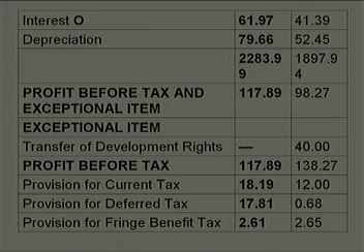For example, in this particular example you can see that last year the transfer of development rights was equivalent to 40 lakhs, whereas this year there was no transfer of development rights. That is why the figure against that column is blank. So you can calculate the profit before tax, and you can find that it has come down.